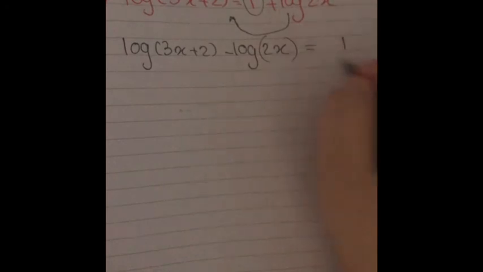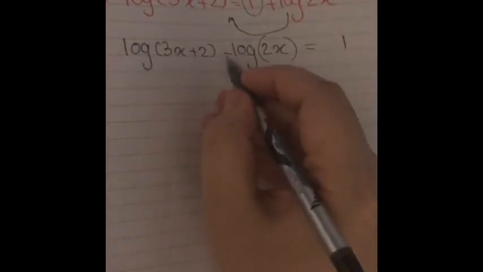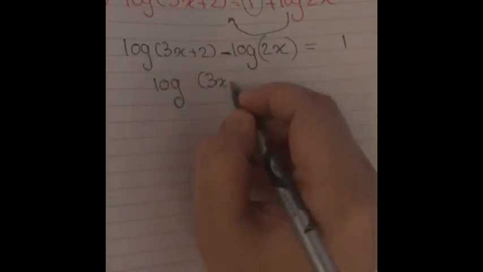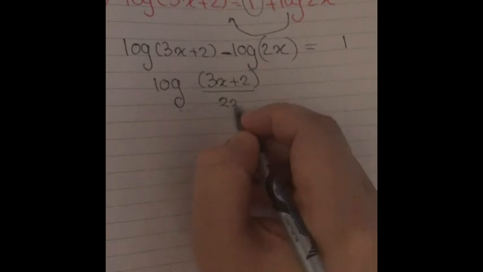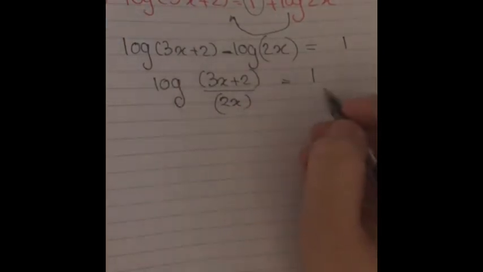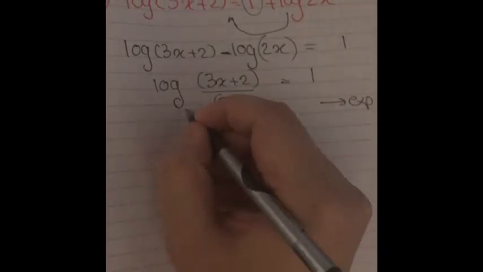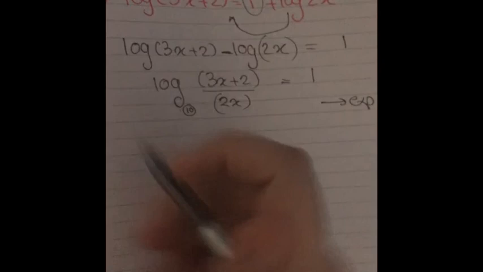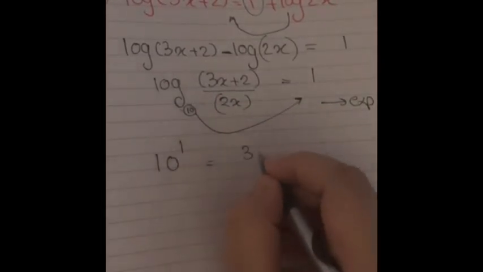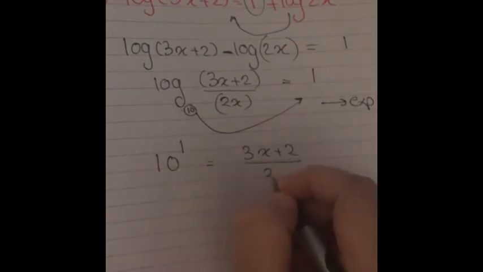Okay, this one doesn't have a log. I cannot include it anywhere. It's on one side and all the logs on the other side. This is a minus, so I can change the equation to log of (3x plus 2) divided by 2x equals 1. And now that I have a log on one side and a number on the other side, I would change to exponential. And this base is 10, so I can say 10 to the power of 1 is equal to (3x plus 2) over 2x.